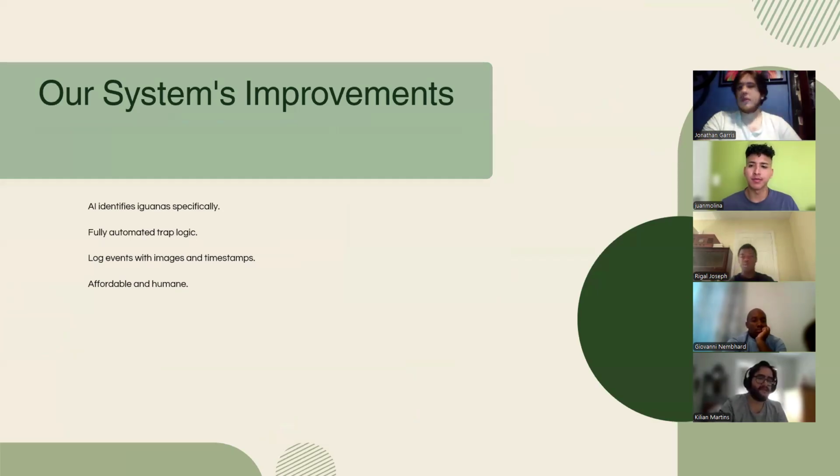So to highlight our improvements that we'd like to make, we want our system to specifically detect iguanas. That's our main goal in this project. And again, we want to use machine learning, AI, to be able to accomplish that. And based on previous research done, we know that it is feasible and that we can get a pretty good accuracy for the detection, especially with enough training for our model.